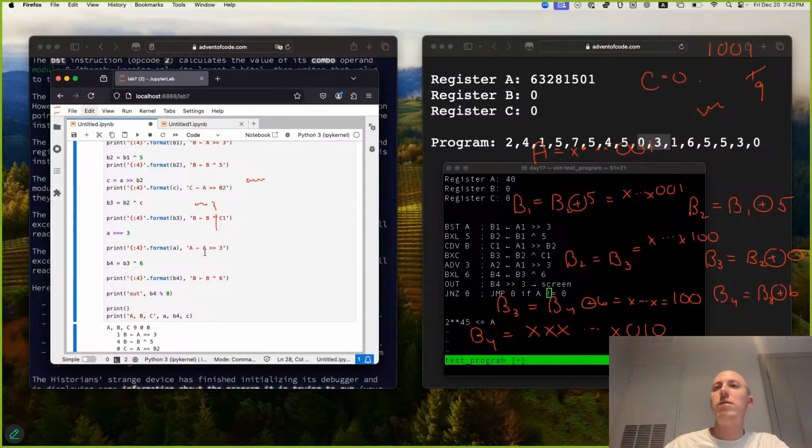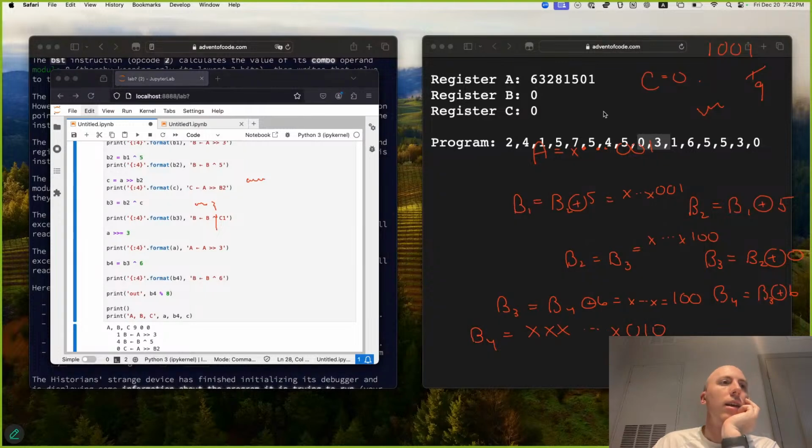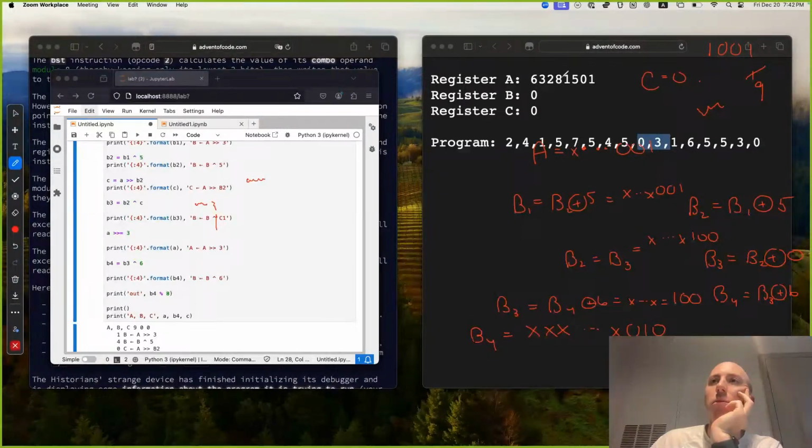But if we set A to a bigger value, like 111111101, like this, A is going to be big.